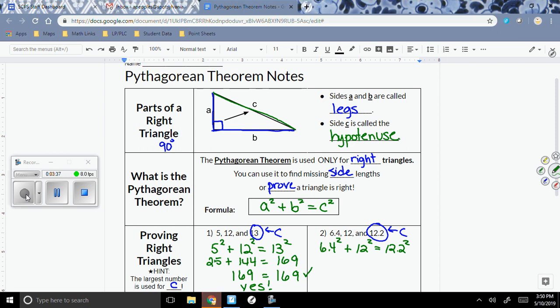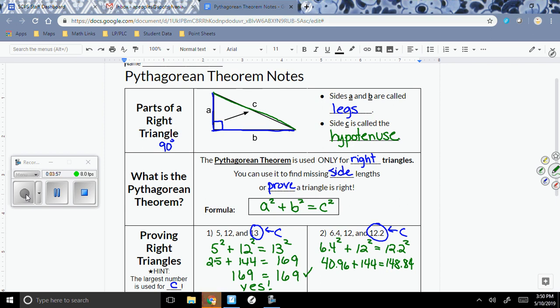So I'm going to have to use my calculator for this one. When I do 6.4 squared, I get 40.96. Plus, I already know 12 squared is 144. And then 12.2 squared is 148.84. So now I'm going to add those two together.